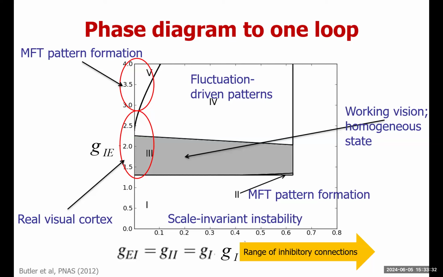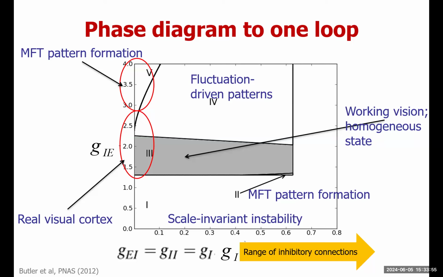This is where you would see it in the Turing picture. And over here is where you would see it also. There's two regions in this phase diagram. You see the periodic deterministic regular Turing patterns in mean field theory. And then this huge region over here is where you see the fluctuation driven patterns.